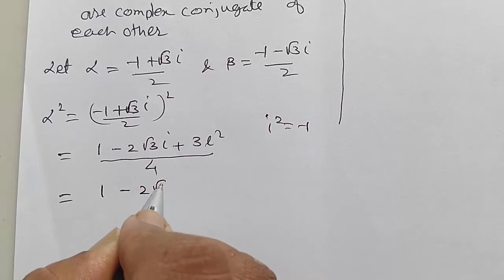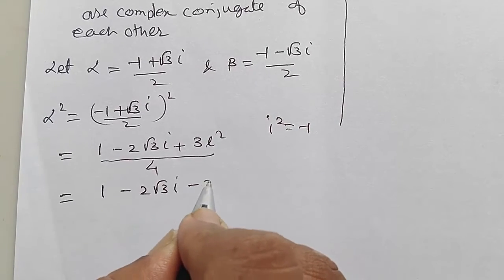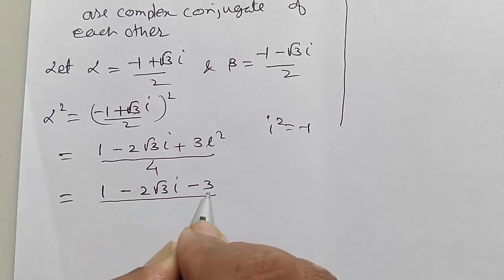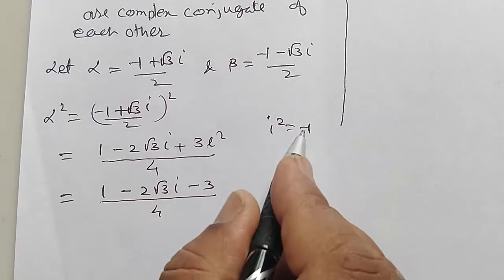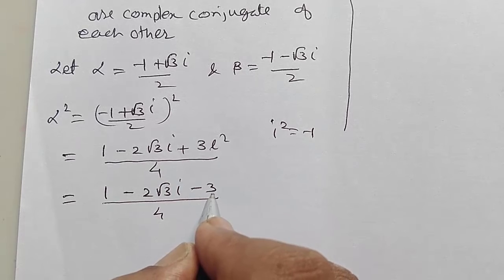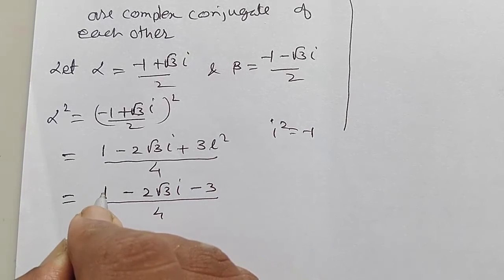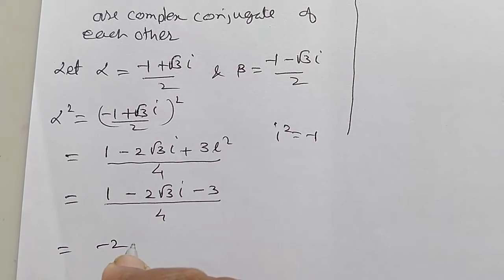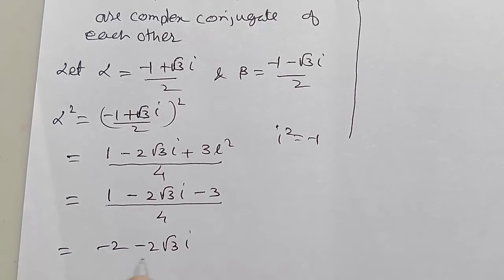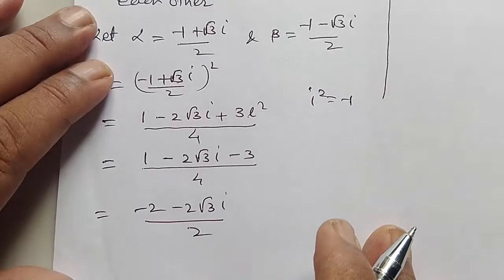Therefore, 1 minus 2 root 3 i minus 3 upon 4. That is minus 2 minus 2 root 3 i upon 4.